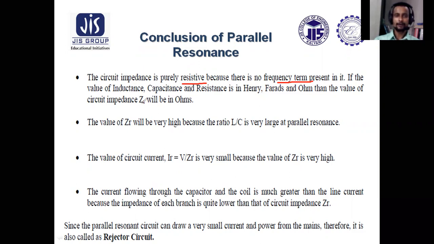The unit of ZR, the circuit impedance, will be ohm. Generally, ZR is very high. What is ZR? Impedance at resonance is very high due to this L by C ratio. As ZR is very high, IR will be very small. As IR is very small, it acts as a rejector circuit.